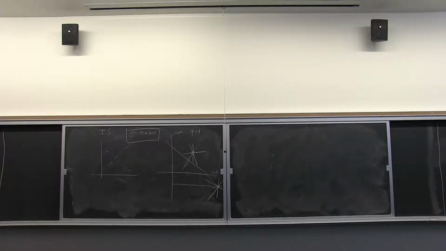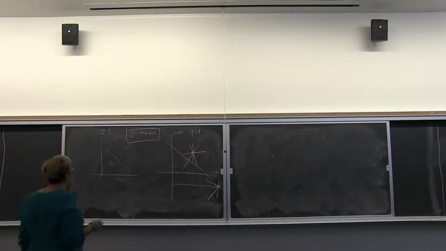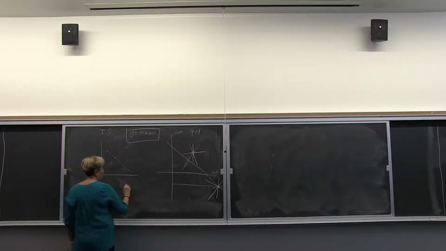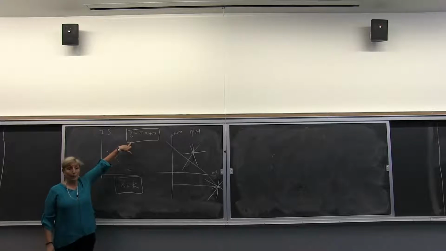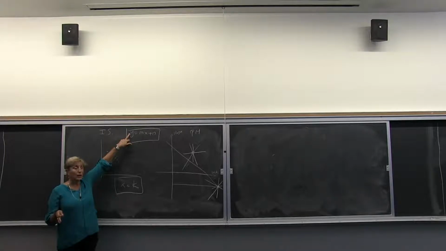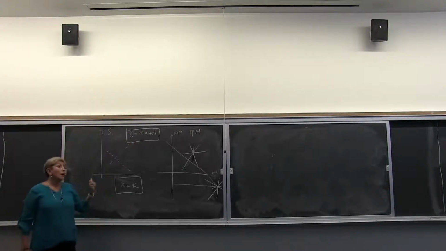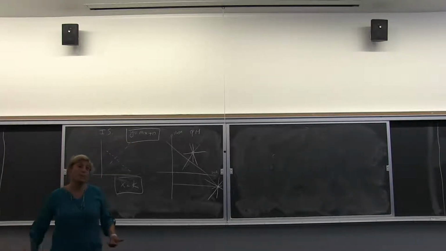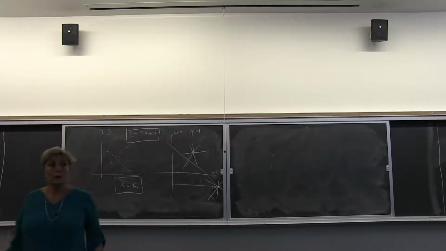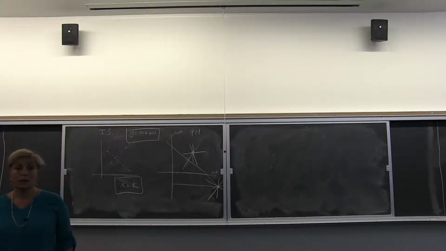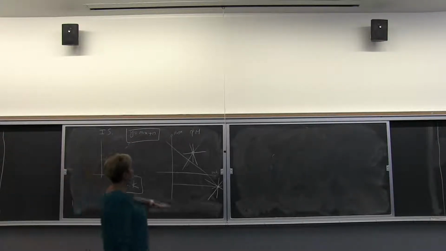Sorry, x equals a constant. Right, so if I have a line of the form x equals k, I cannot write it in this form, because this assumes that the coefficient in front of the y is not 0. Okay, so that's one problem. What's the other problem? How big do I need to make this image?